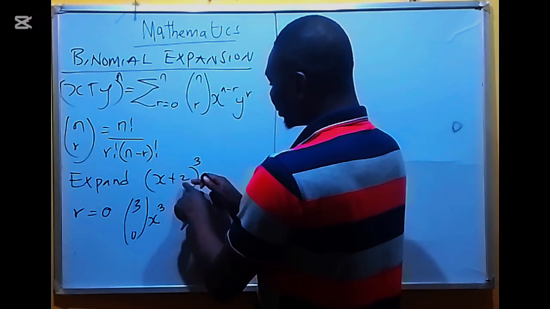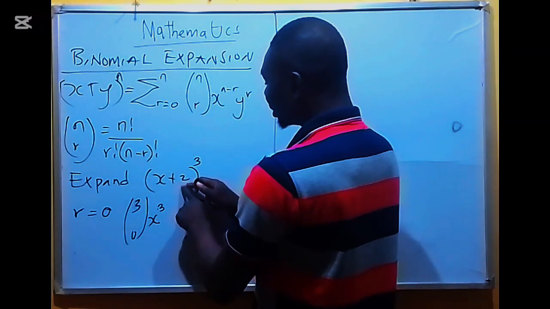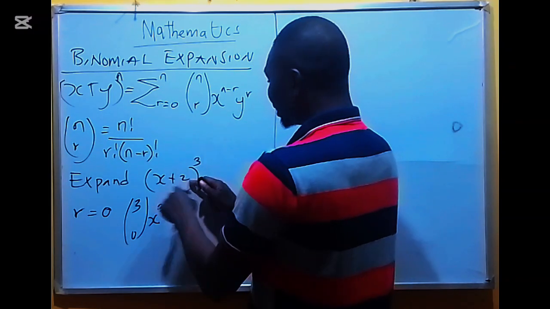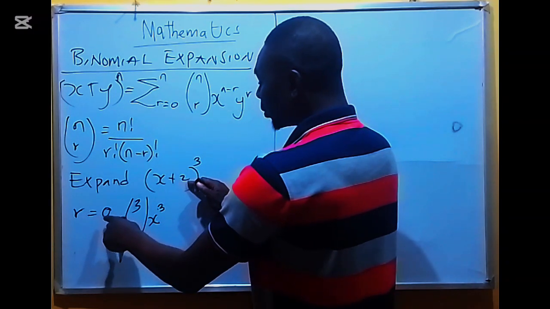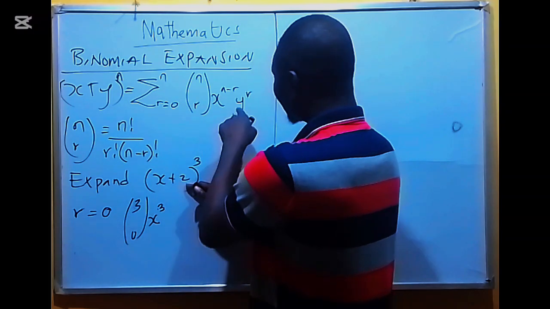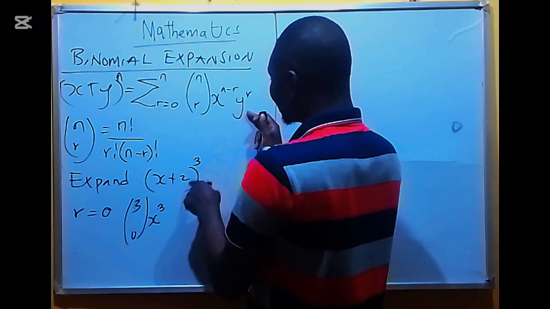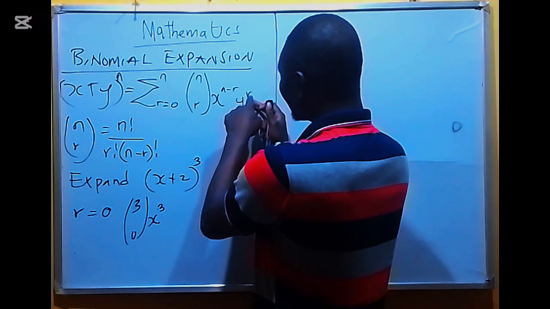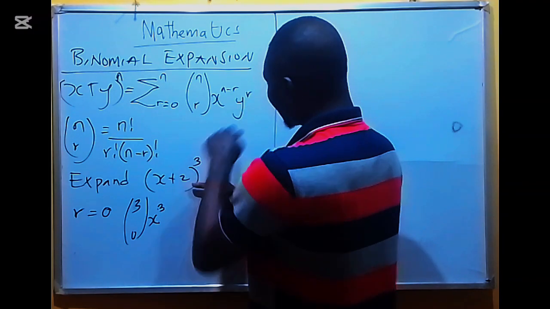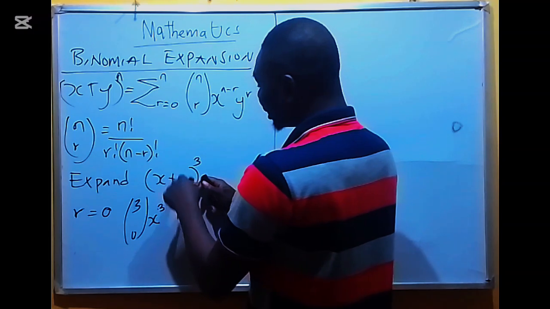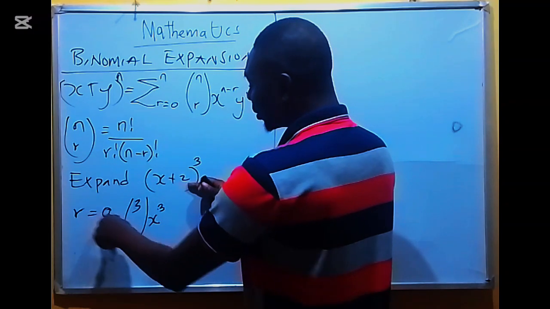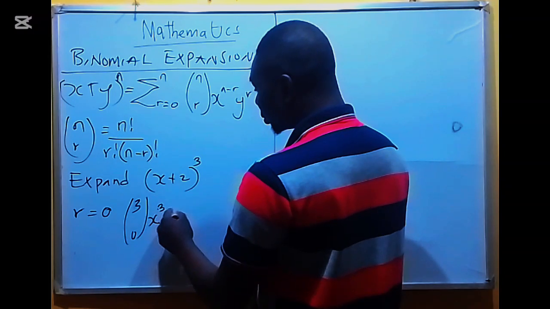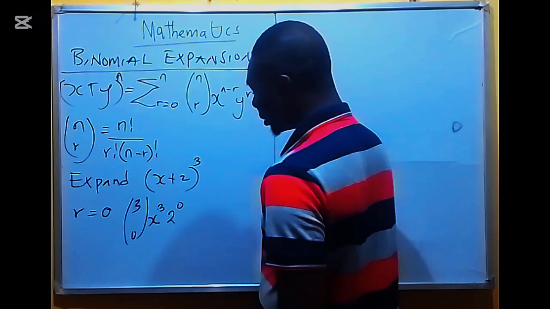Then the second term of the binomial, which is 2, is raised to the power of 0, because y is equal to 2 and has a power of r, and r is equal to 0. So here we have 2 raised to the power of 0.